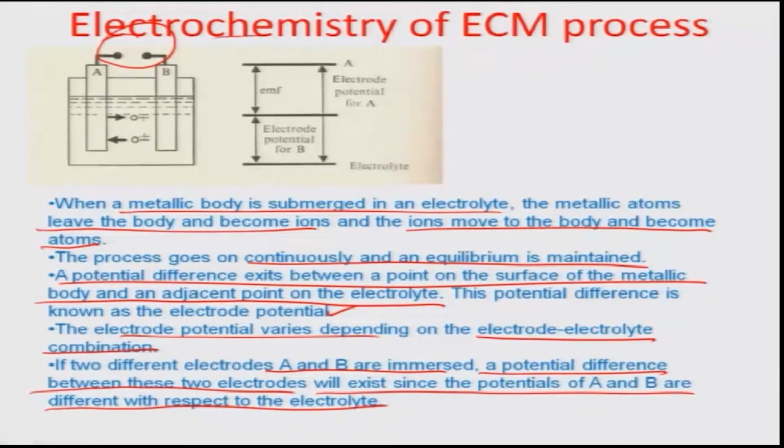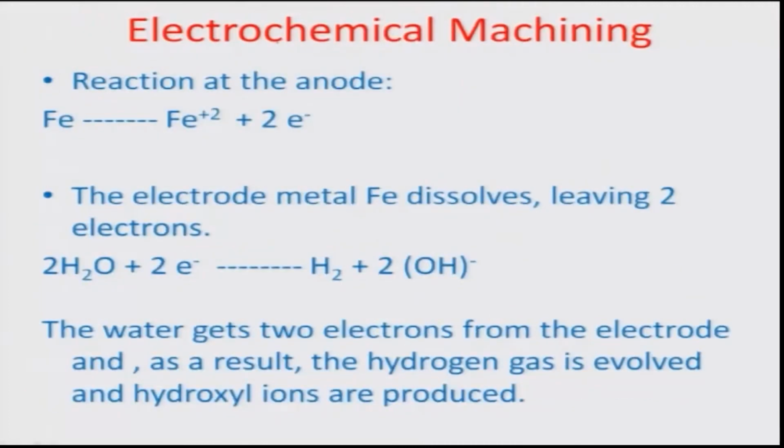So this is the general electrochemistry process, and how ECM can be obtained from it is in the following manner. Let us say the reaction at an anode is related to steel. So we have the iron to ferrous ion conversion process, meaning whatever iron is there on the surface leaves as Fe2+ ions in the solution and leaves 2 electrons with the electrode concerned.